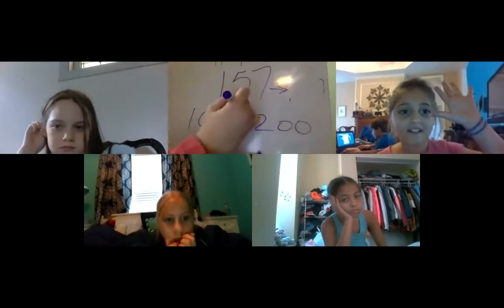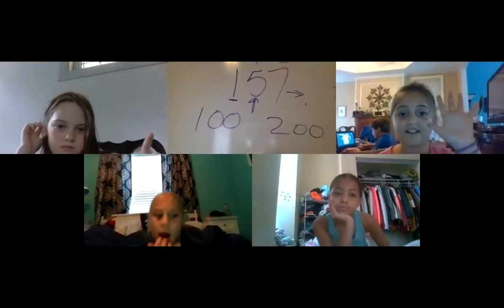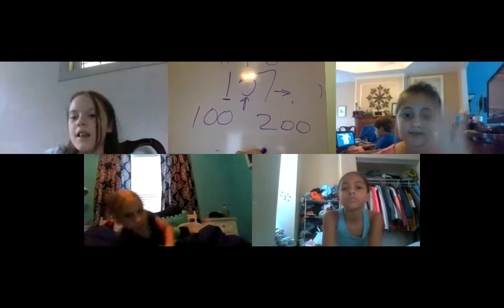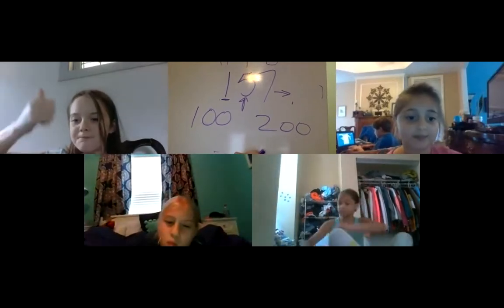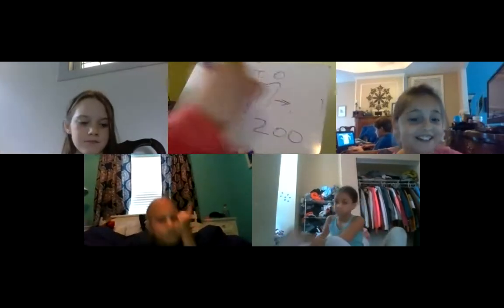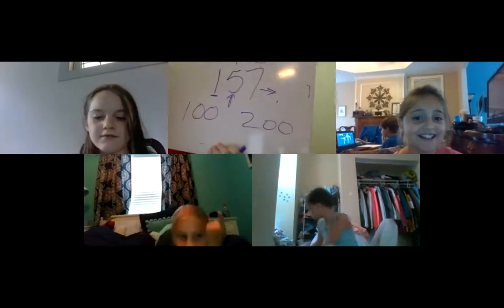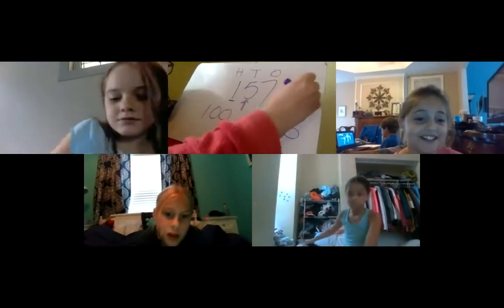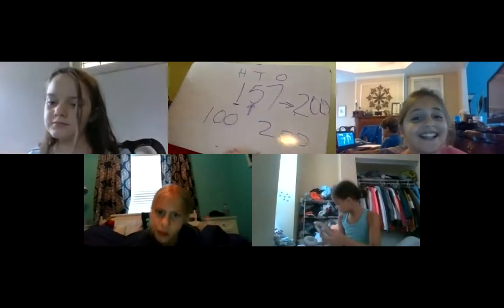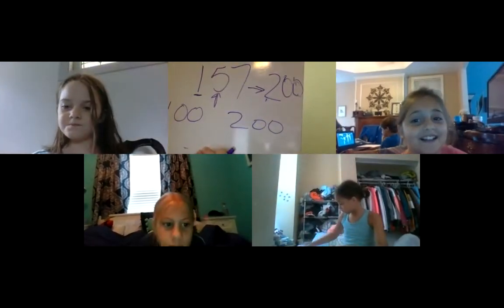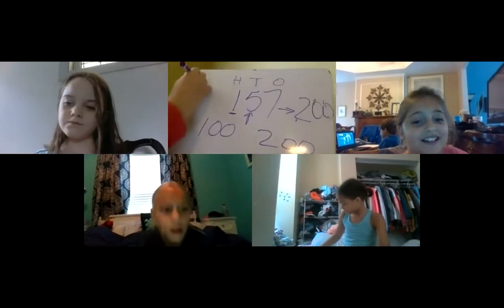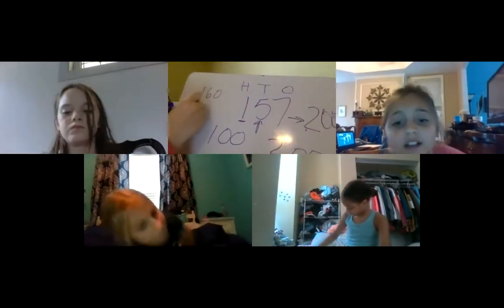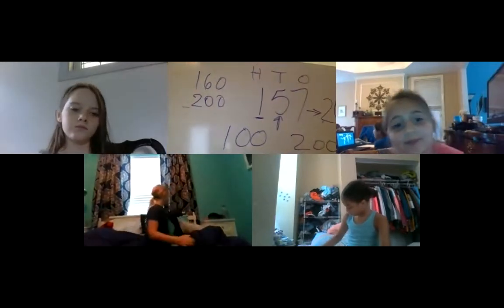So we look at the tens place to tell us, and then we remember our rhyme. So what are we going to do? Stay on the floor or climb the vine? Climb the vine. So 157 would round to what? 200. Ta-da! So 157 would round to 160 when you round to the nearest 10, or 200 when you round to the nearest 100. Okay?